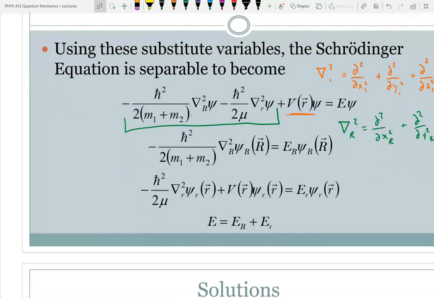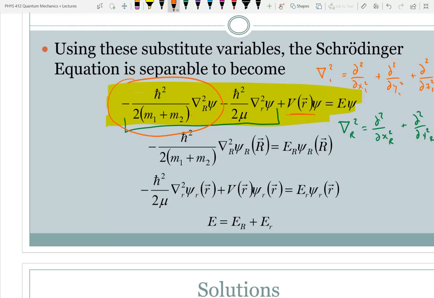So I can take this equation, I'm highlighting the whole darn thing, and I can break it up into two different equations. I can take everything that has a capital R. So what has a capital R? This has capital R. And assumedly, the total energy is the energy associated with capital R plus the total energy associated with lowercase r.